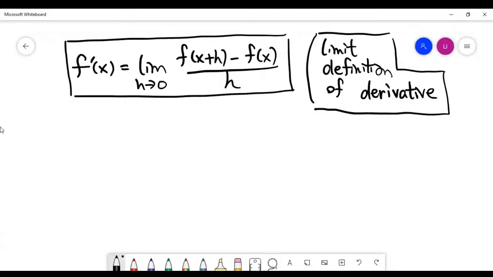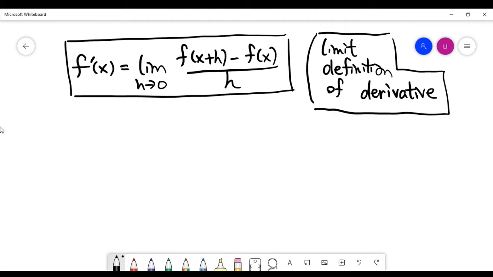And now, this class is a pure computational class where you will learn quite a lot of differentiation rules. And by using those rules in an appropriate way, you don't have to care about the limit definition anymore. That's the key point, and it makes your calculation a lot faster.